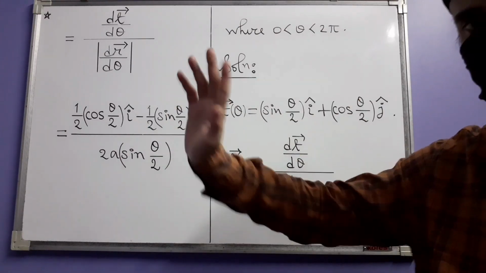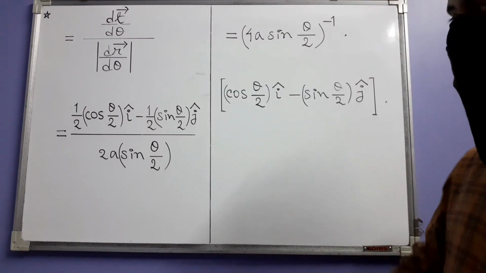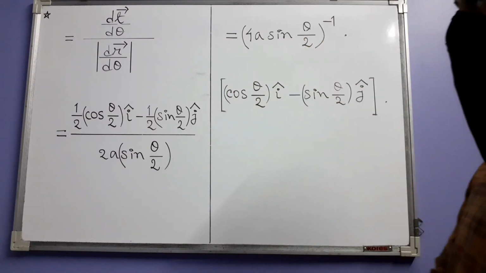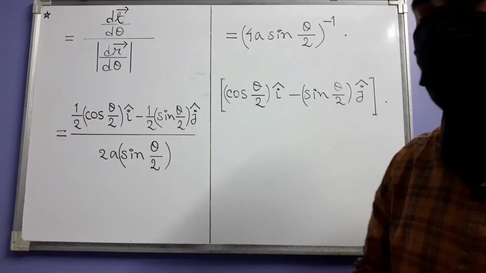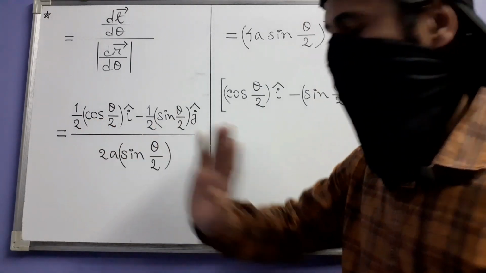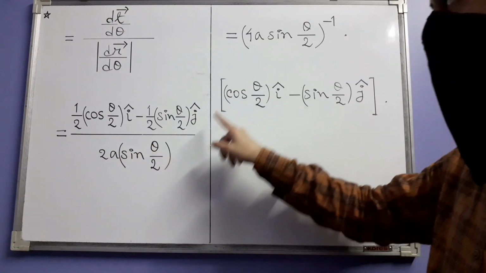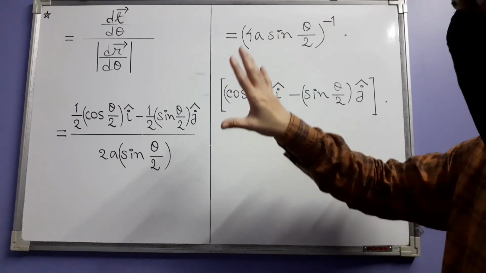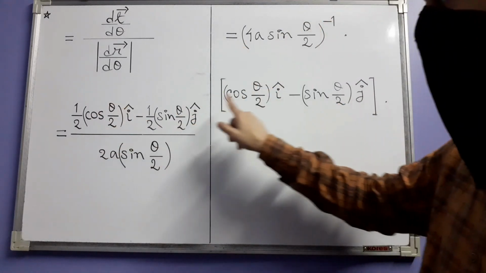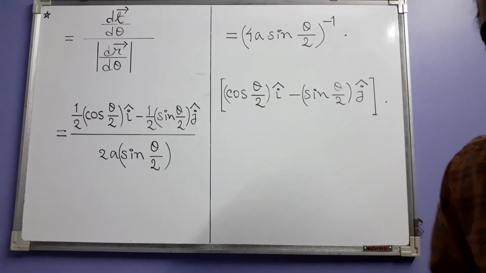What are you going to get from this? You can simplify this slightly and write it like this. This 2 goes down, means it's already down and gets multiplied with this 2, and in the denominator you have 4a times sin theta divided by 2. So I have written its reciprocal, times cos theta over 2 i hat minus sin theta over 2 j hat.